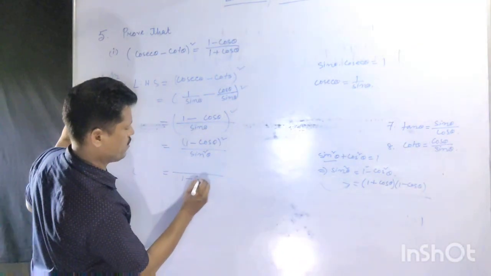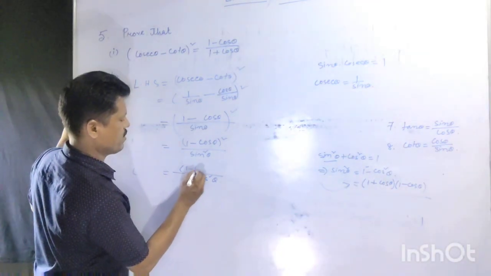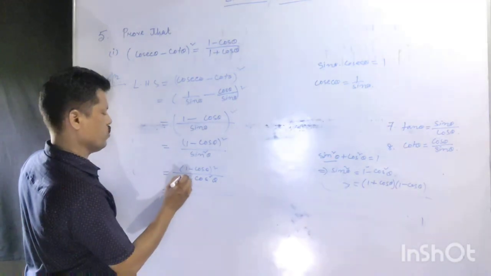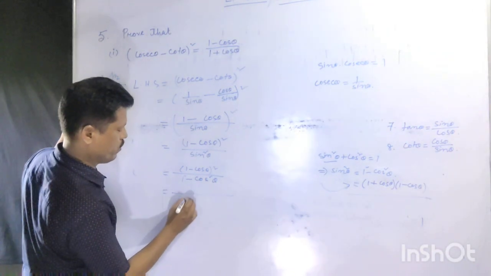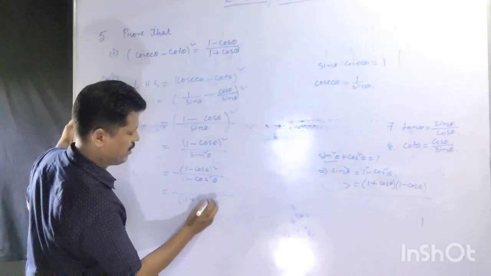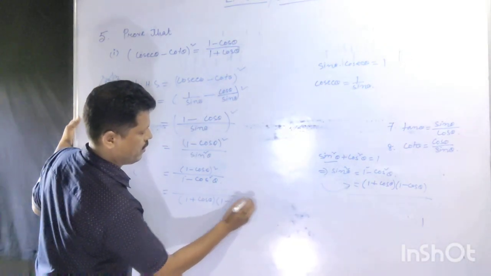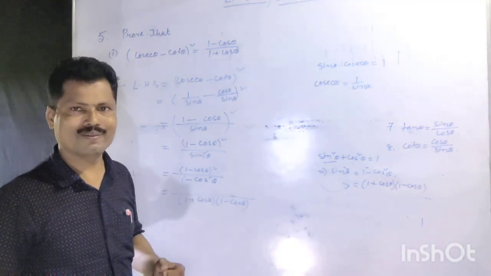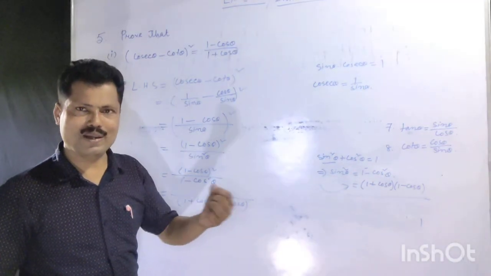So the denominator is 1 minus cos square theta, and the upper part is (1 minus cos theta) whole square. 1 minus cos square theta means 1 square minus cos square theta, which is (1 plus cos theta) into (1 minus cos theta), and the upper part is (1 minus cos theta) into (1 minus cos theta).